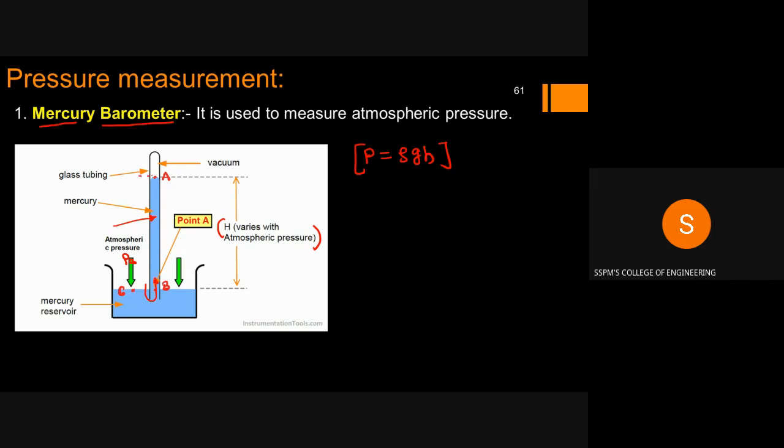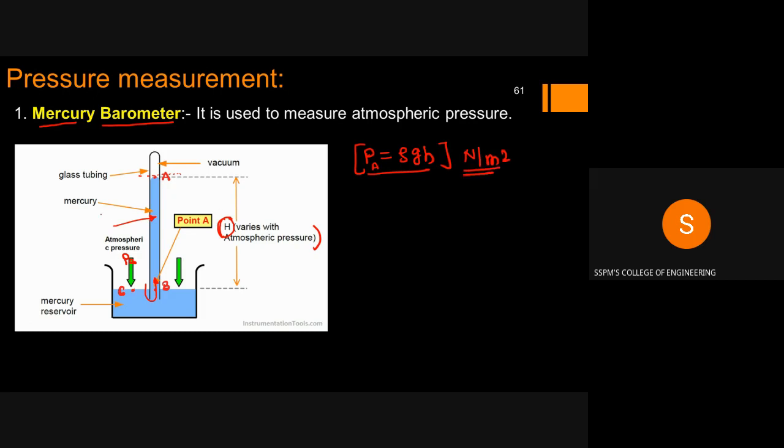At this height, it will achieve equilibrium. So the height measured directly gives the atmospheric pressure. Just by measuring the height of the liquid rise in the barometer tube, we can determine the pressure PA, which is equal to rho g h, and its unit is Newton per meter square.